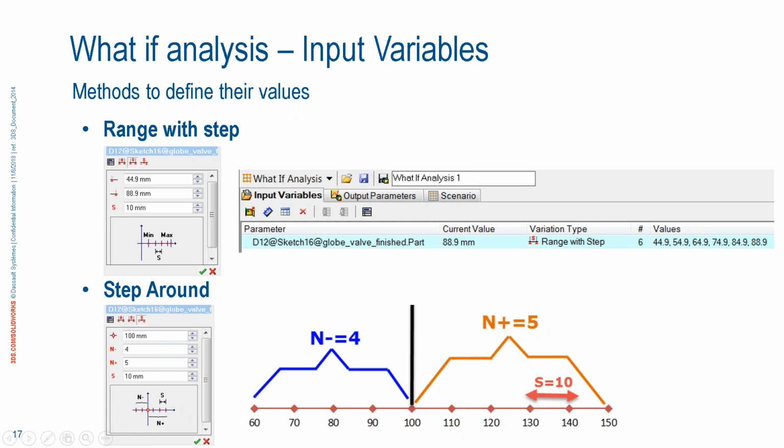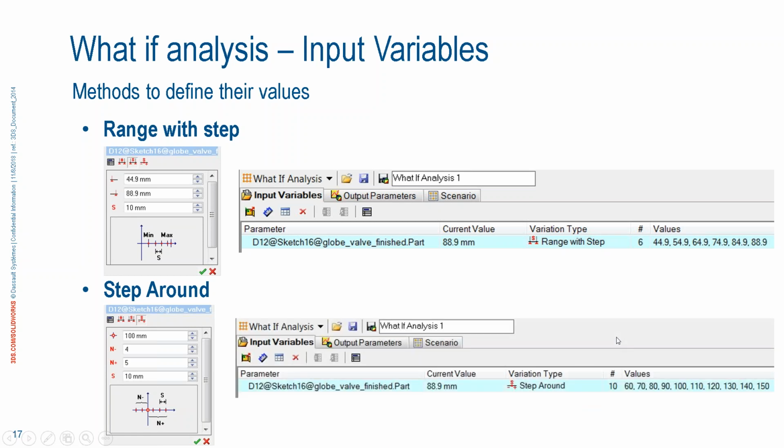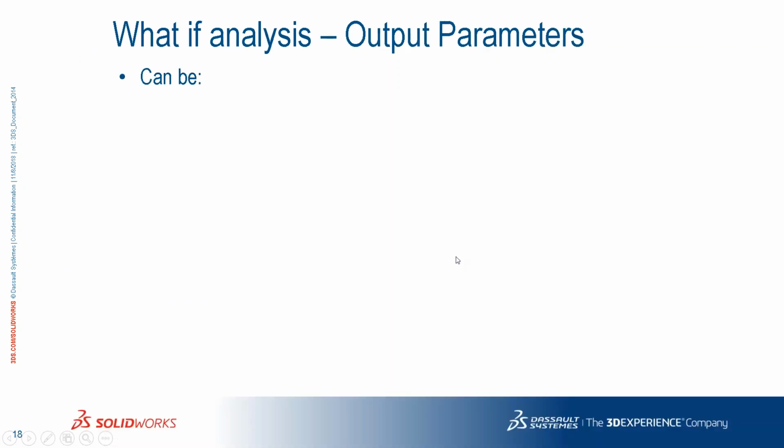In this case, it's 10 millimeters, and then how many intervals you want to go before and after that central value. In this case, I'm choosing 100, and I want to go back 4 intervals and forward 5 intervals. And you see in this picture the values that were figured out by Flow Simulation.